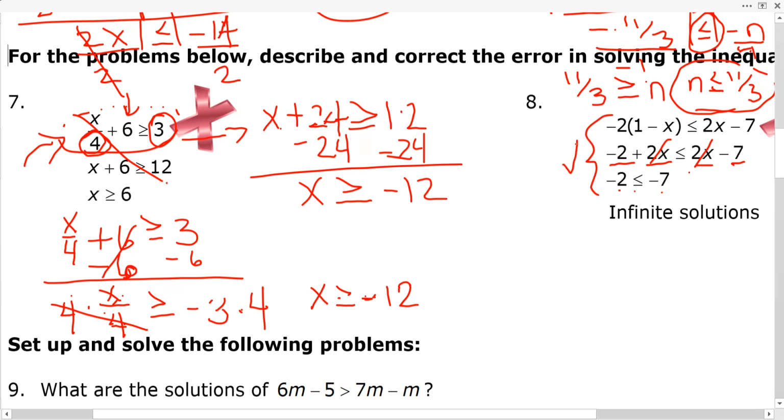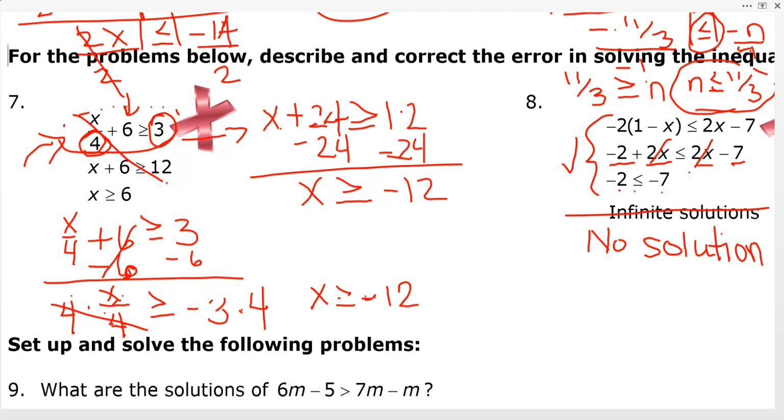This is all correct, but is negative 2 less than negative 7? No. Negative 2 is actually greater than negative 7, so there actually is no solution, because it is not true. Remember, the larger the negative number value, the smaller it is.